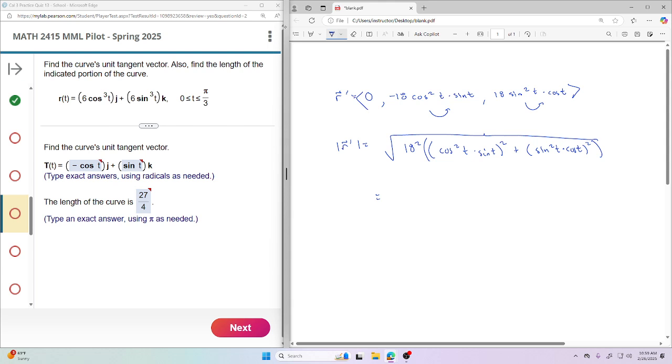Okay. 4 power, 2 power, 4 power, 2 power. I guess I can make the 18 come out.